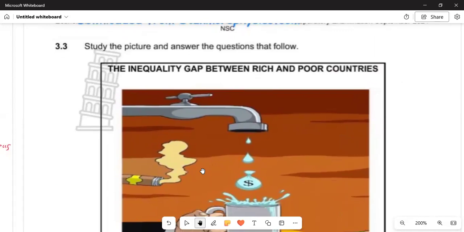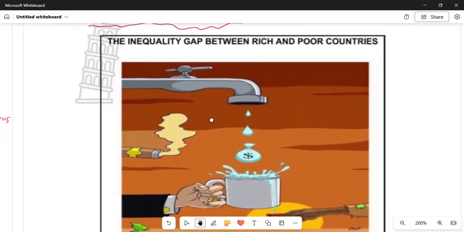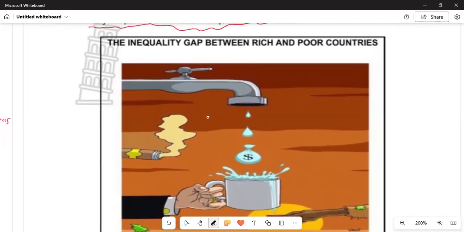Here we are on 3.3. It says, study the picture and answer the questions that follow. So here is our picture, which shows the inequality gap between rich and poor countries.